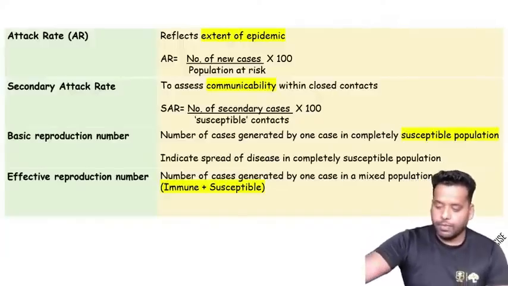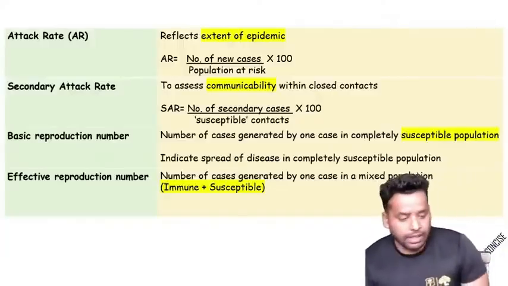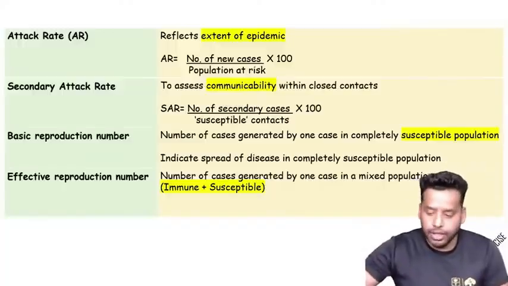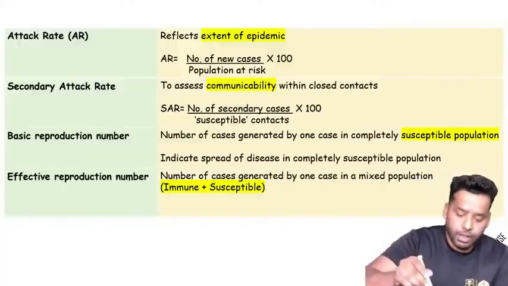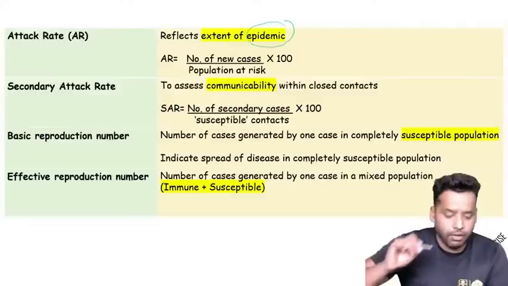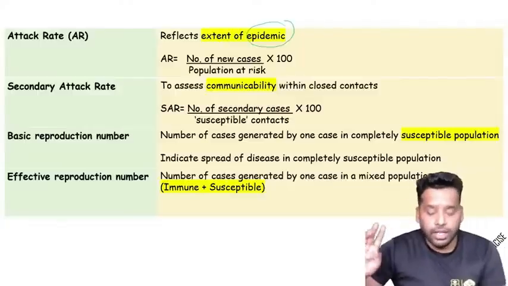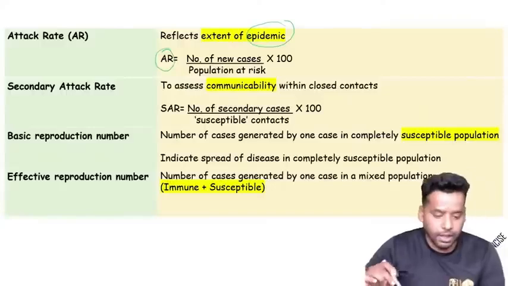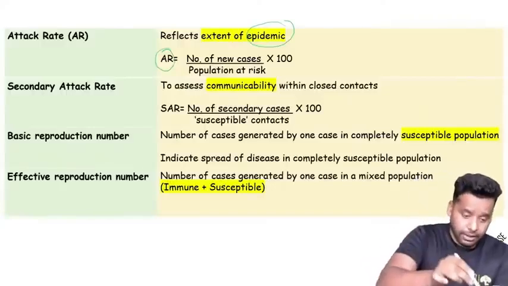Come to the next question. Attack rate means how many new cases will happen during an epidemic. Always keep this word; when writing an epidemic report, we have to express the number of cases in terms of attack rate.